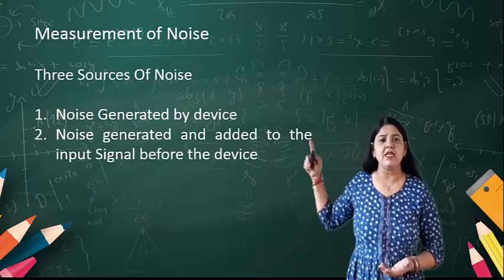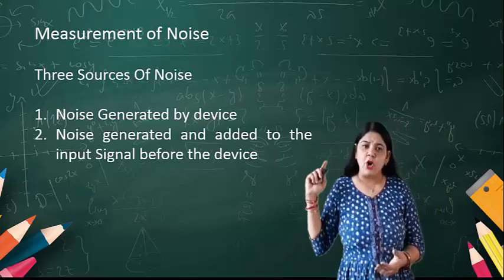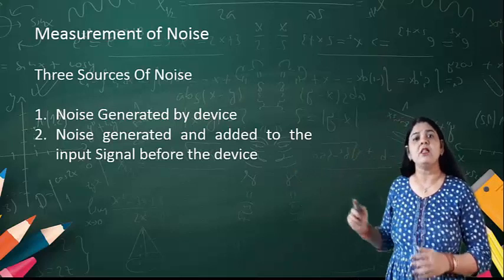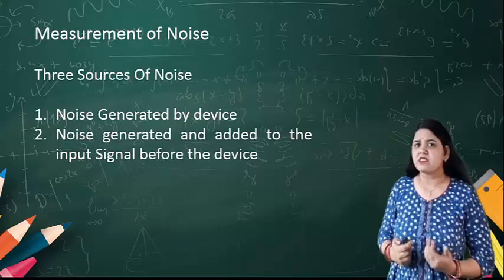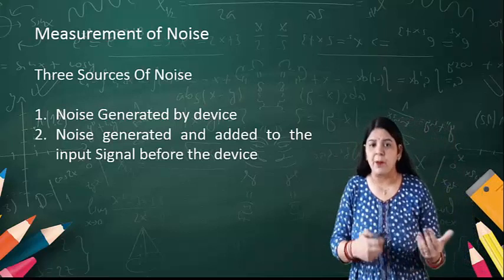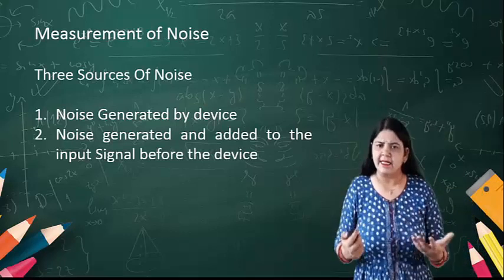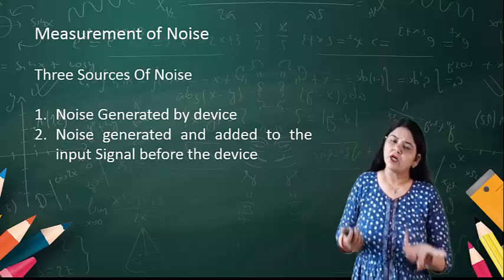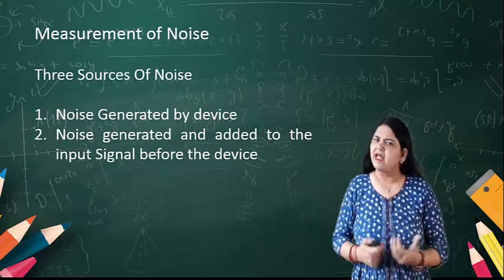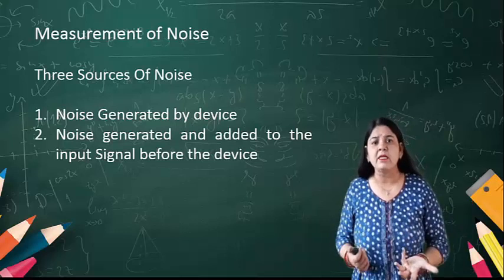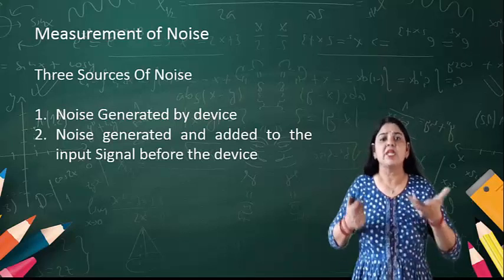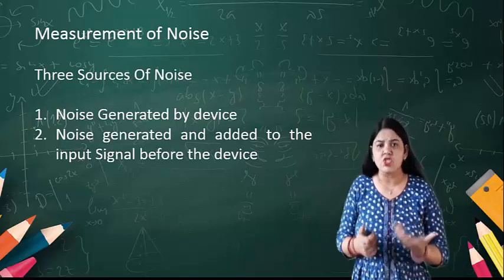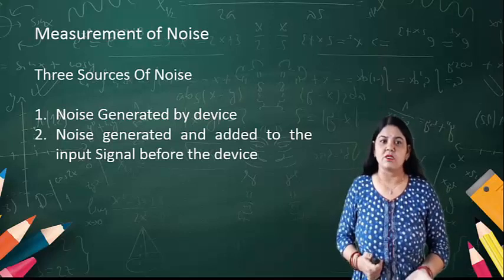The other category is noise generated and added to the input signal before the device. During propagation, noise can be added to the radio frequencies, and we cannot reduce that kind of noise, which comes directly from natural sources.